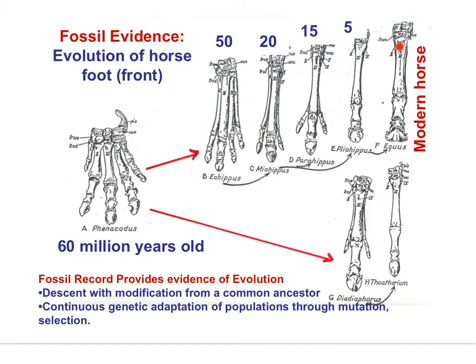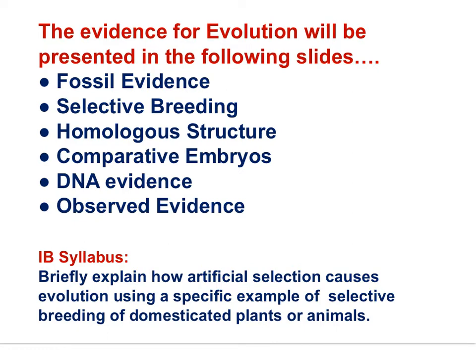The modern horse hoof is an enlarged, highly strengthened single digit. The transition species displaying change over time are nicely sequential in the fossil record according to the dates given here. So far, I have only presented fossil evidence.